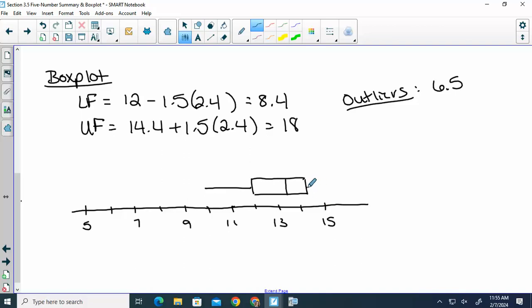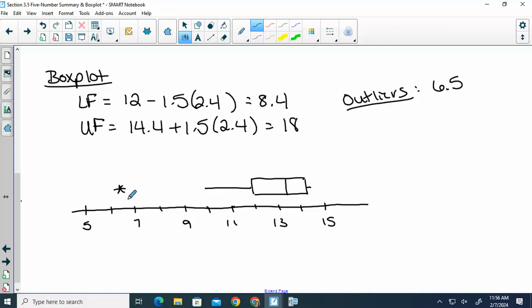So that one's okay, just barely there. And then at 6.5, an outlier, so we mark that.